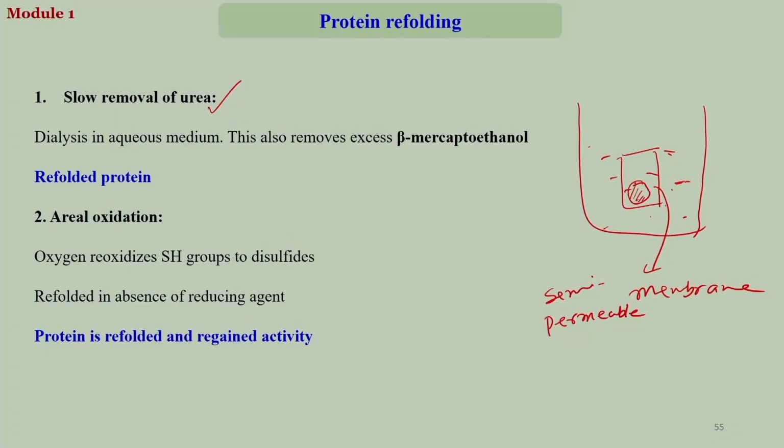Then water molecules can get into the membrane, and depending upon your chemical potential, that will allow the smaller molecules like urea to come out of it, because it is a concentration gradient, right?